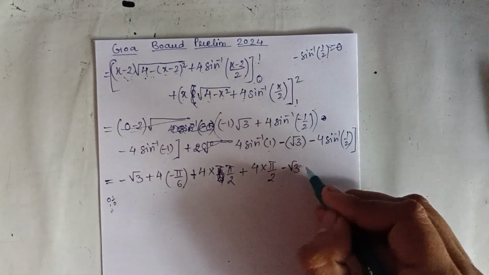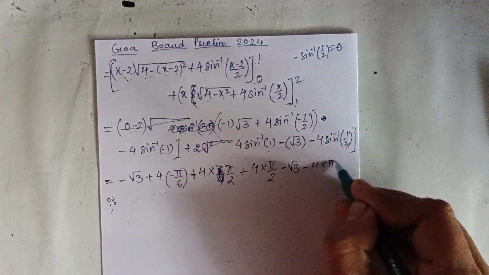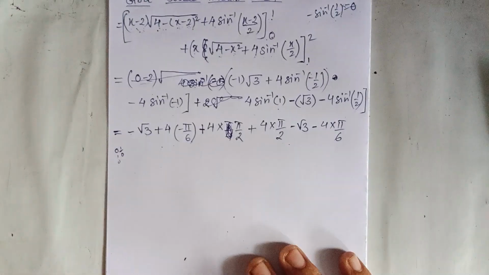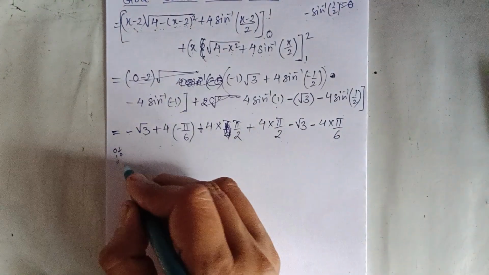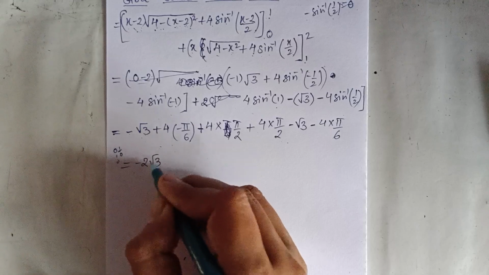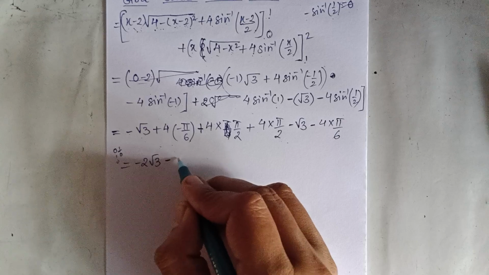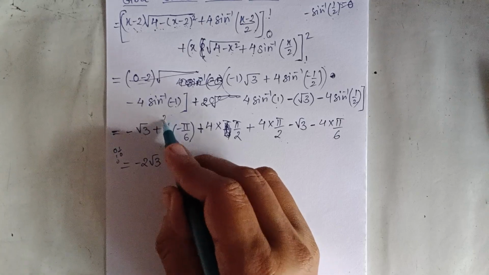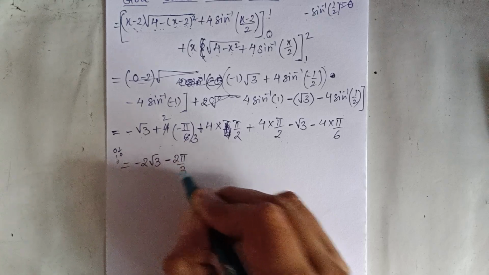So 3 pi by 6. Okay. Minus root 3 is minus 2 root 3. Minus pi by... minus 2 pi by 3.